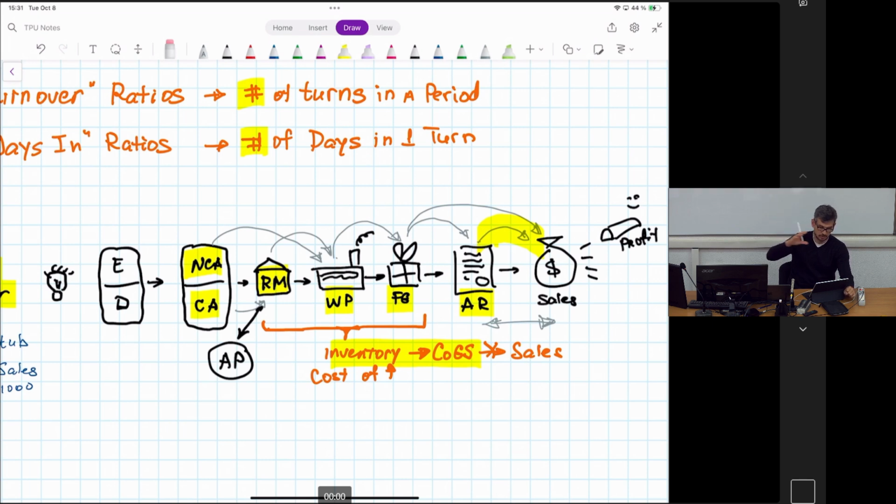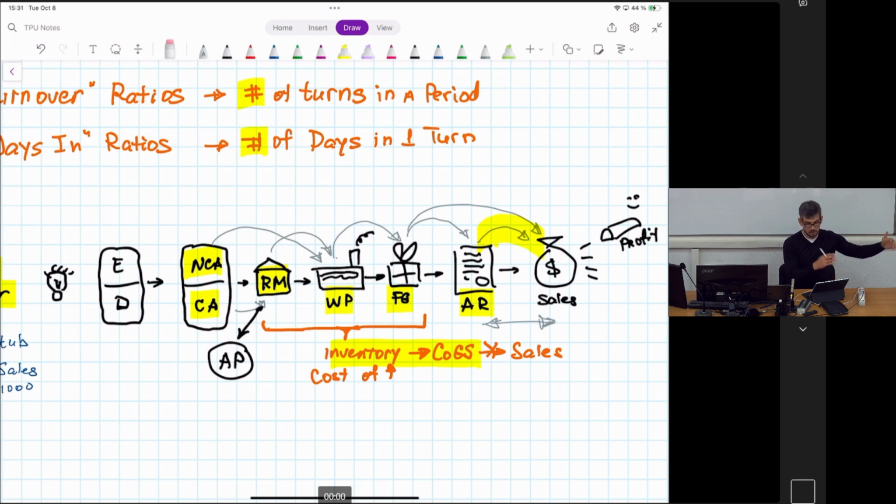So how it works. First we have the idea, then we use our equity and debt, and then we buy assets. We use assets to produce, from raw materials through production, finished goods, FG. Then we sell these goods, we create accounts receivable, then accounts receivable are paid, and we generate sales.